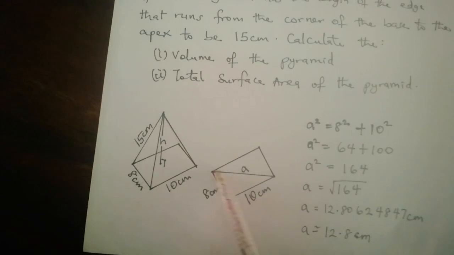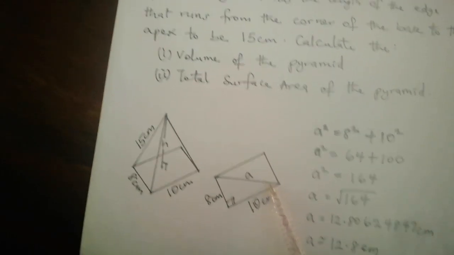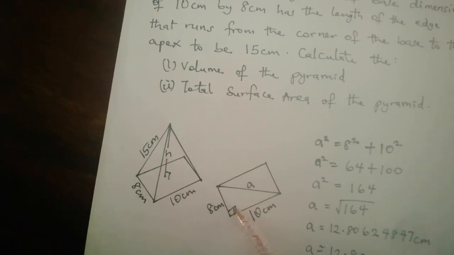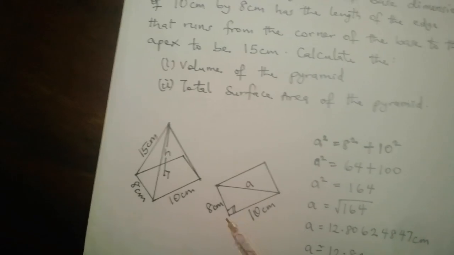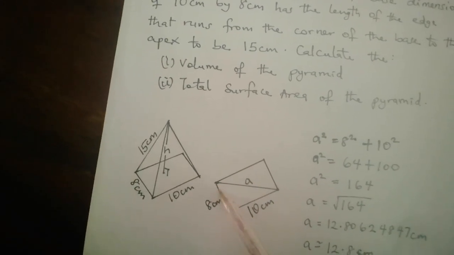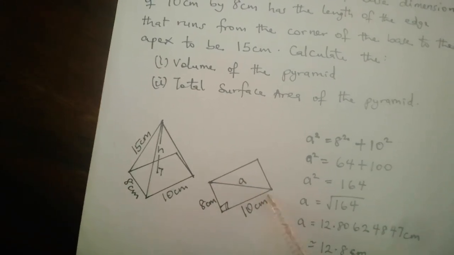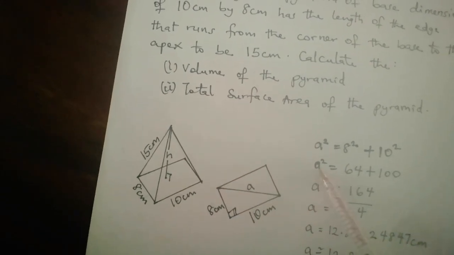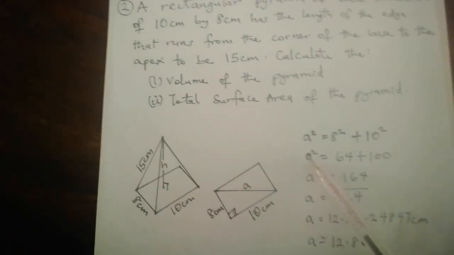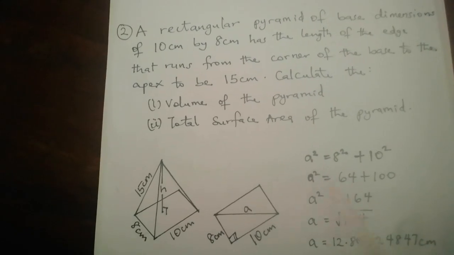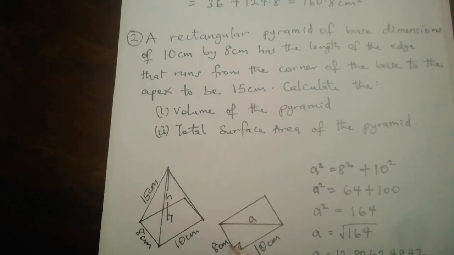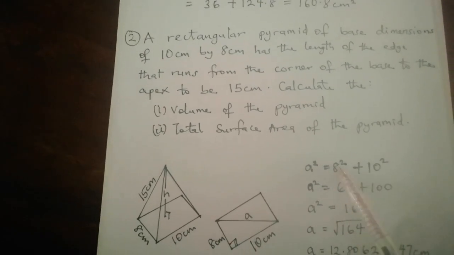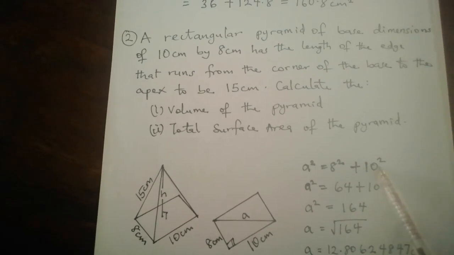The diagonal here, which I'm representing as A, the line facing this A is the hypotenuse, so A square should be equal to 8 square plus 10 square.